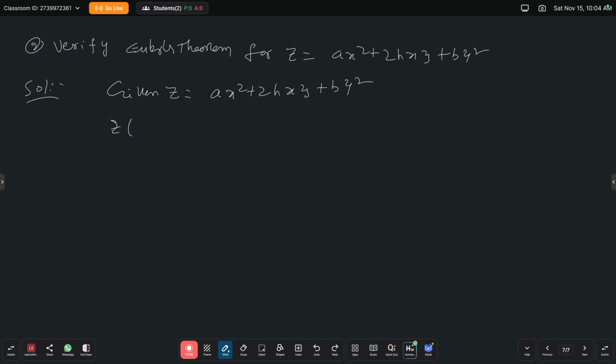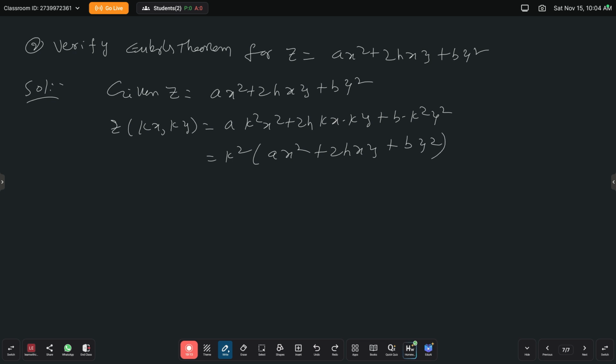Now z of kx comma ky equals a into k square x square plus 2h into kx into ky plus b into k square y square. Now the common factor is k square: k square into ax square plus 2hxy plus by square. So now k square into the given function is z.